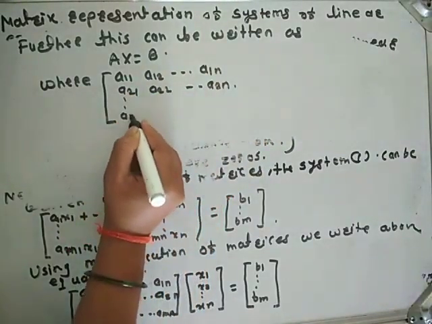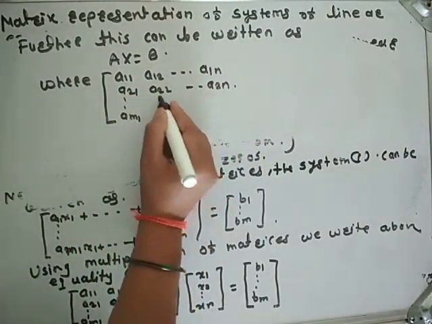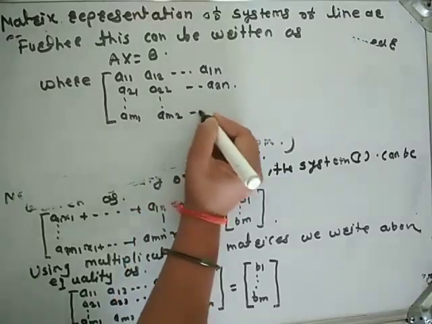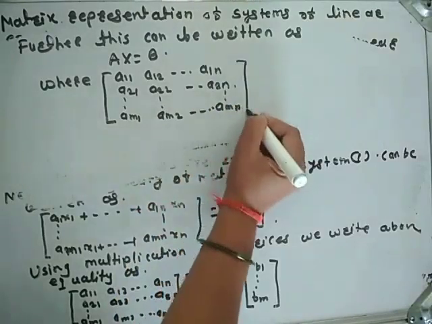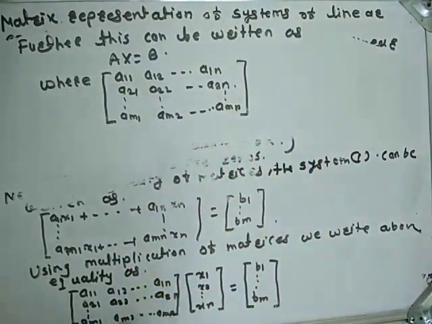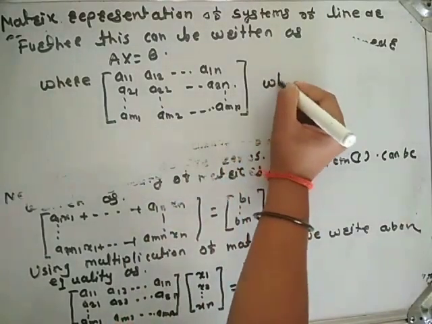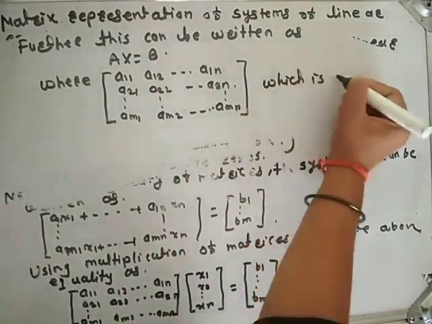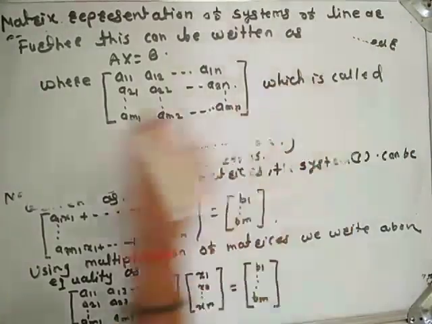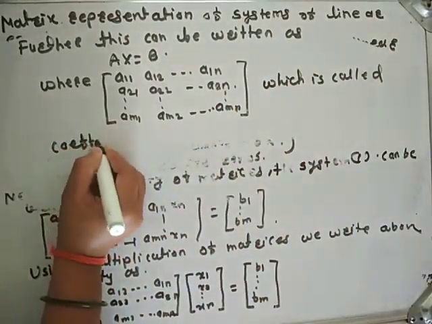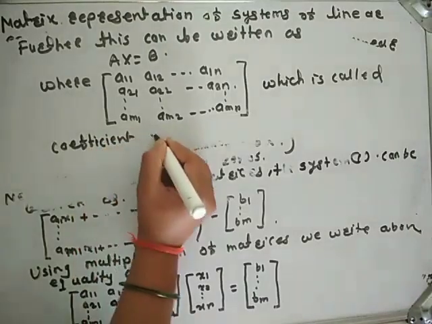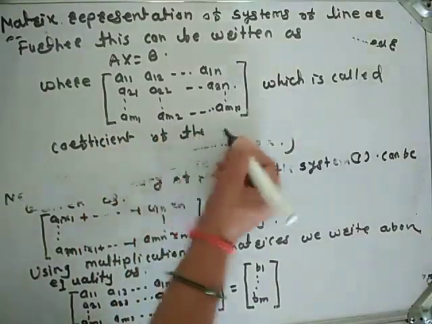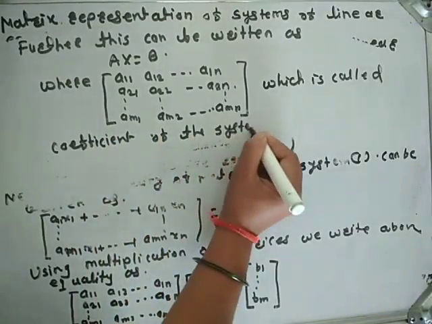This is up to am1, am2 and so on up to amn. Okay, which is called the matrix of coefficients of the system, coefficient matrix of the system 1.